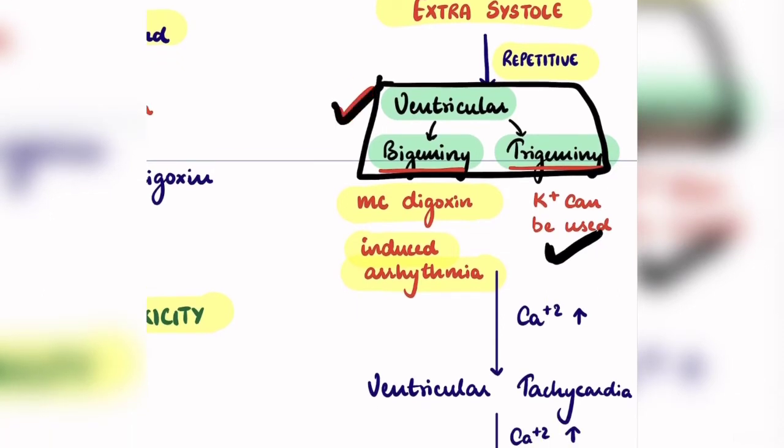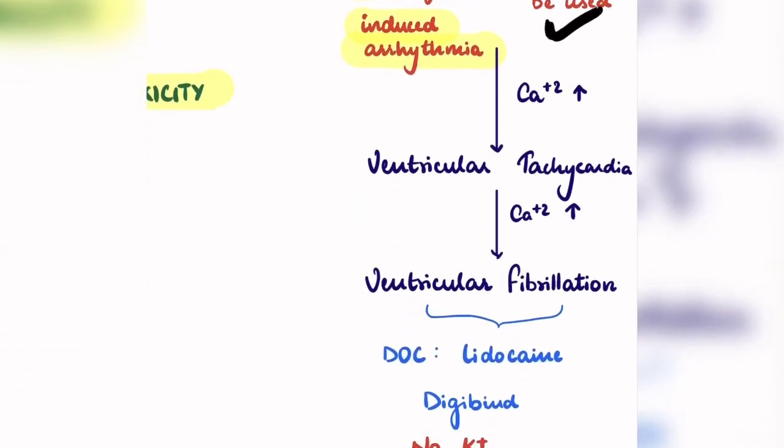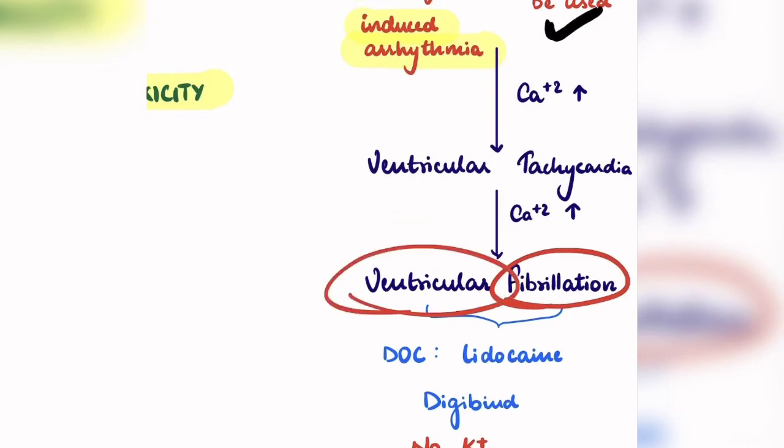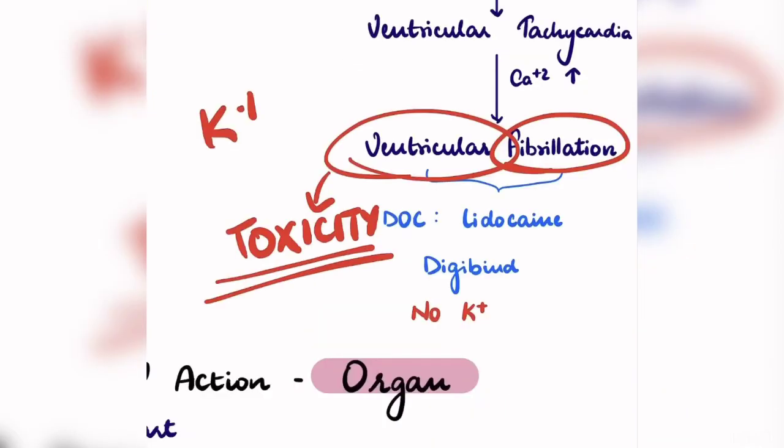So you can use it in ventricular bigeminy or trigeminy because these are not life-threatening arrhythmias. But when I'm talking about ventricular fibrillation, it's a life-threatening situation. It is caused in toxicity of digoxin. So for this, there is already digoxin toxicity, and I should not give potassium.